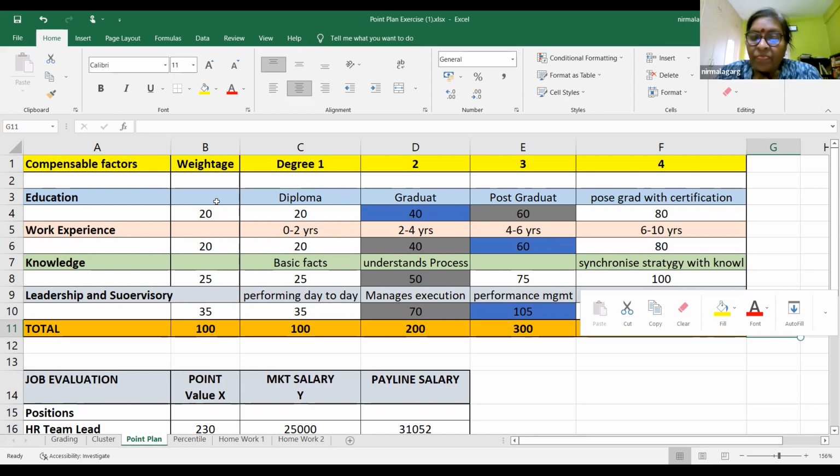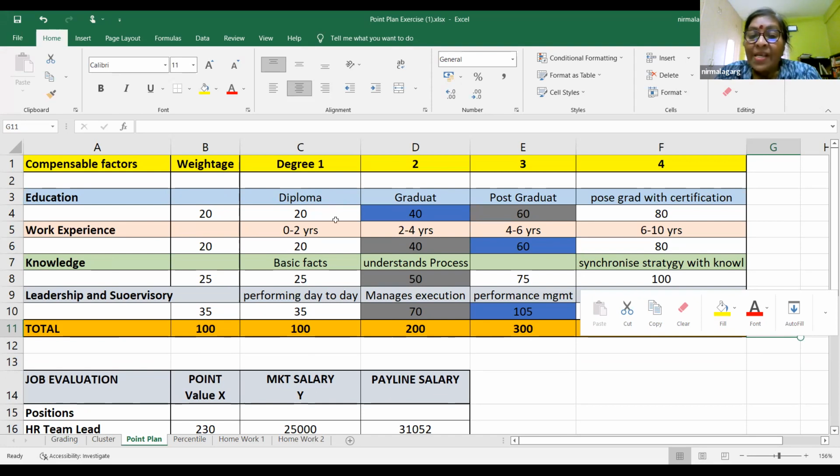Then fourth, just like job grading, you have to write descriptors. But here, one thing we have to be very mindful about is that when I write a descriptor for these degrees or levels, I have to ensure that there is no overlap of the descriptor between degree 1 and degree 2.